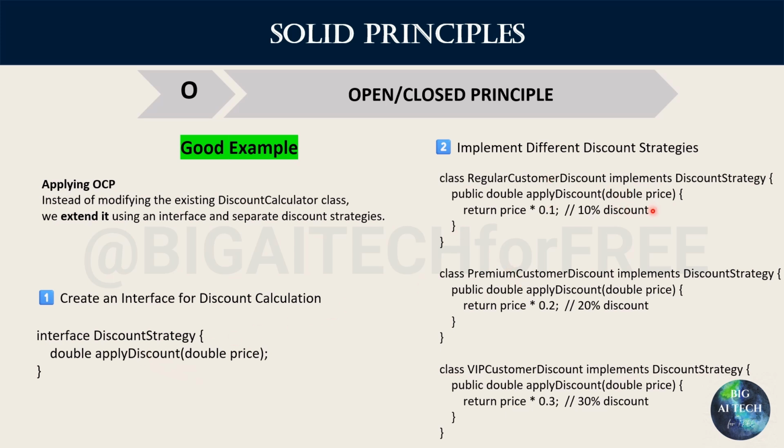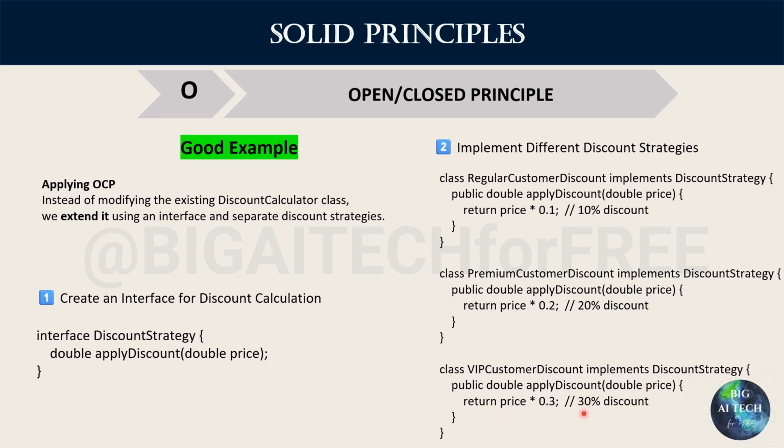For example, as you're seeing here, RegularCustomerDiscount implements DiscountStrategy and returns a 10% discount for regular customers. Similarly, for a VIP customer, a 30% discount. So when another customer type comes, super VIP, that can be a separate class, SuperVIPCustomerDiscount, implementing this interface with a 40% discount, for example.